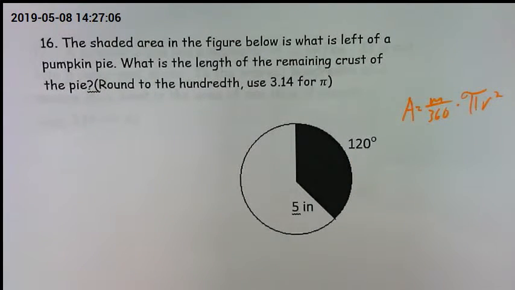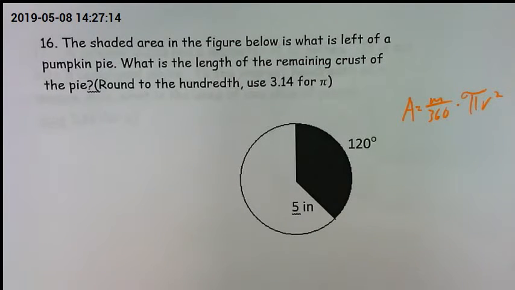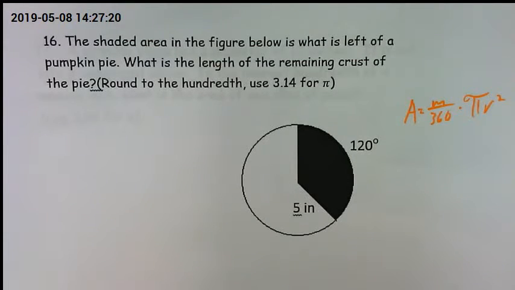But if you know what fraction of the circle it is just by looking at it, like this, 120 is a third of the circle. So you could either plug 120 in here, or just replace that entire fraction with 1/3. If you had a 90-degree angle there, then you could just replace it with 1/4, and so on. So again, it's just the fraction of the circle you're using times area of a circle. So take a minute, solve it.